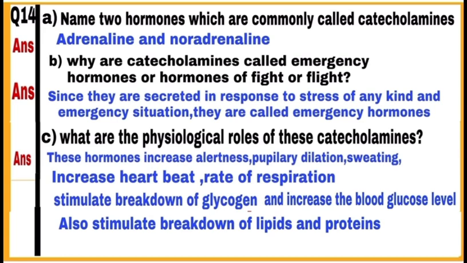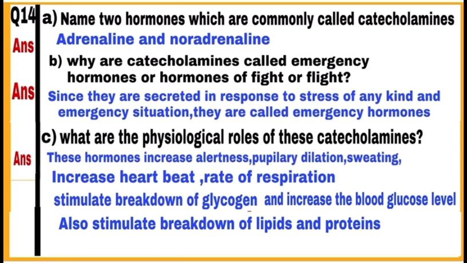Part B. Why are catecholamines called emergency hormones or hormones of fight or flight? They are called emergency hormones as they are secreted in response to stress of any kind and in emergency situation. Part C. What are the physiological roles of these catecholamines?